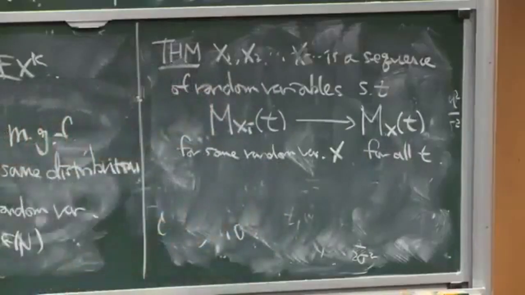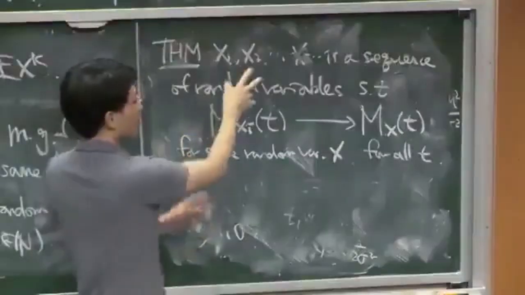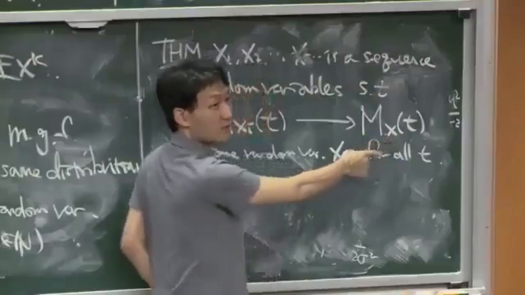And what should happen? In light of this theorem, it should be the case that the distribution of this sequence gets closer and closer to the distribution of this random variable x.